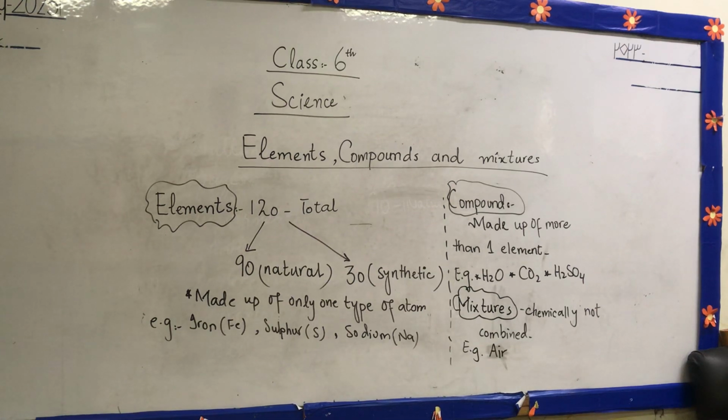When two, three, four or more elements combine together chemically through chemical bonds, they make up a compound.